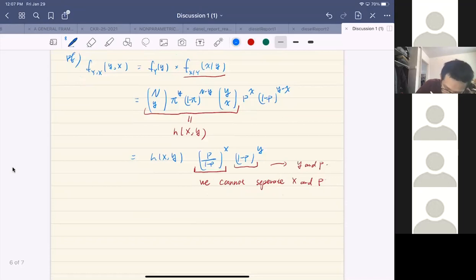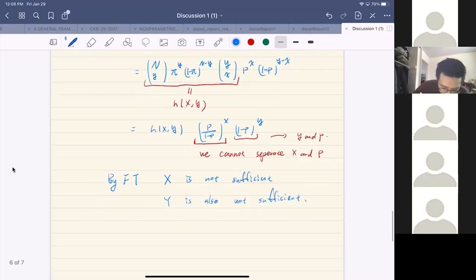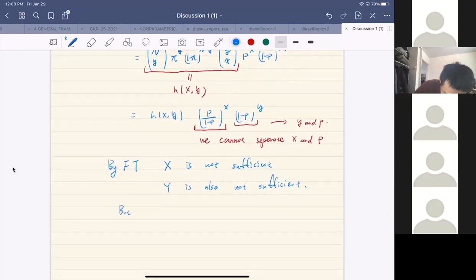So that means x is not sufficient. Y is also not sufficient. But if we combine x and y, it is sufficient.